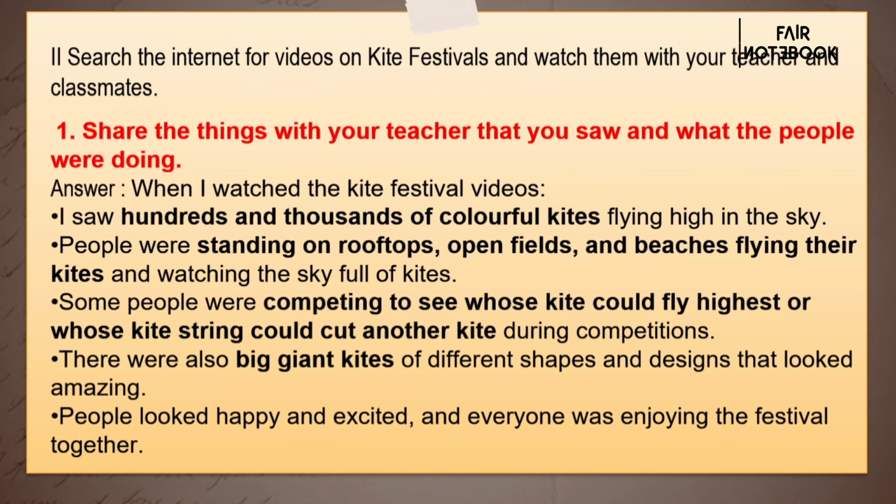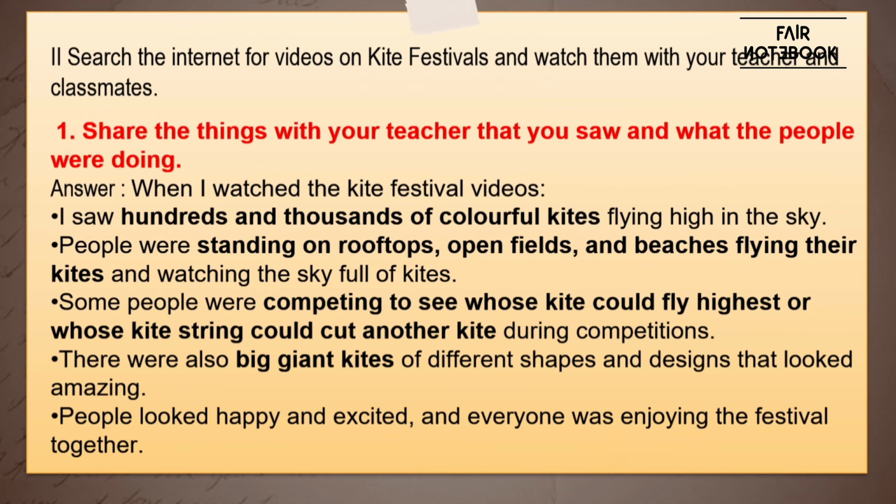Answer: When I watched the kite festival videos, I saw hundreds and thousands of colorful kites flying high in the sky. People were standing on rooftops, open fields and beaches flying their kites and watching the sky full of kites.